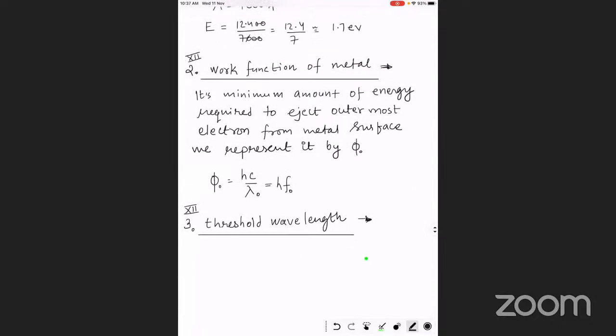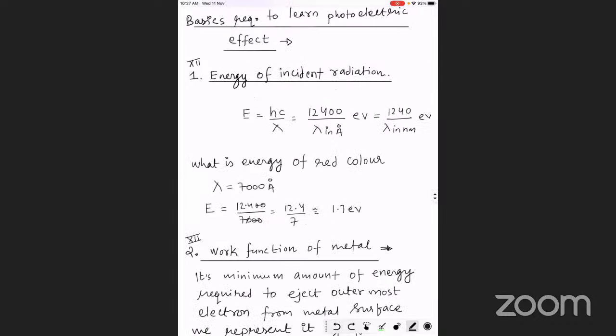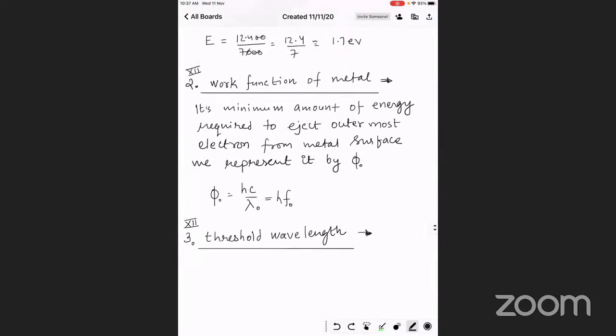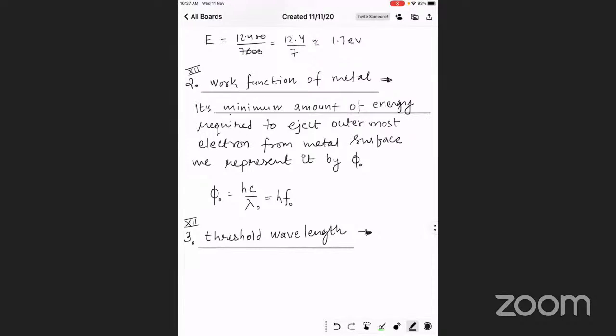Now threshold wavelength corresponds to lambda naught, and lambda naught is the wavelength of that radiation which will give you minimum energy to eject electron. What kind of energy it gives? Minimum energy. So if energy is minimum, wavelength should be maximum.